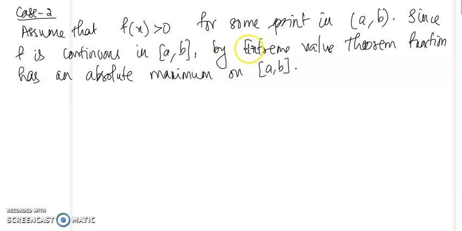So the absolute maximum will be greater than 0, so the absolute maximum does not occur at the end points. Now, if not at the end points, we have seen another theorem along with the extreme value theorem: if not at the end points, the absolute maximum or minimum occurs at critical points. So, that will complete our proof.